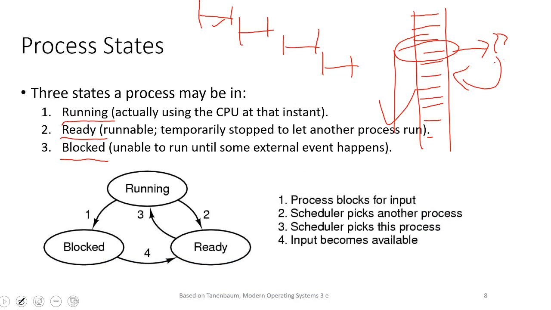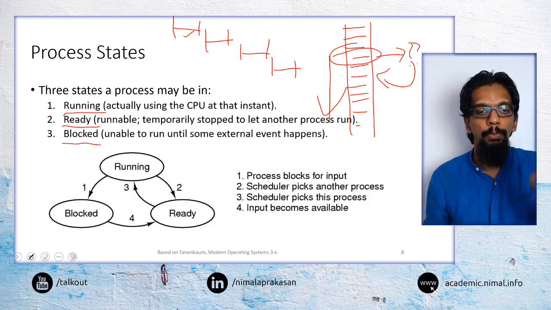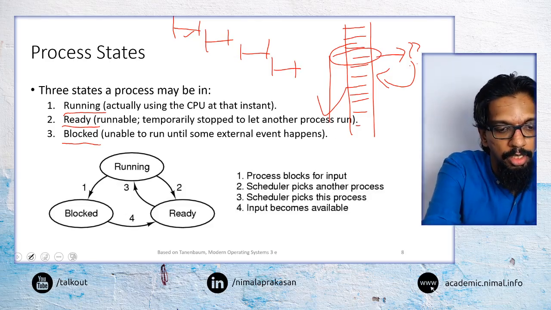So then when we have these three process states, we can identify four different ways they can switch between these states. What we would have here is a process that is, say, first running.